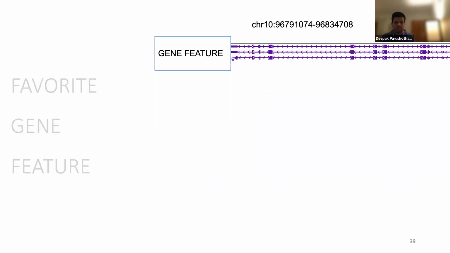maybe it's a gene, your favorite gene. This is just a representation of that gene, and it sits on chromosome 10. The gene feature starts from so and so coordinate and goes all the way to so and so coordinate.